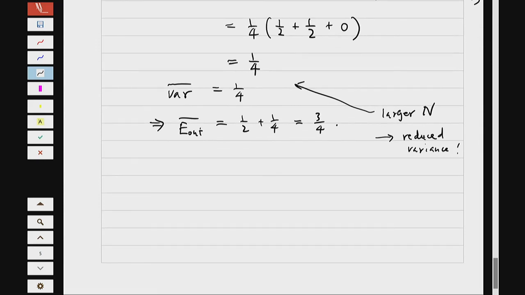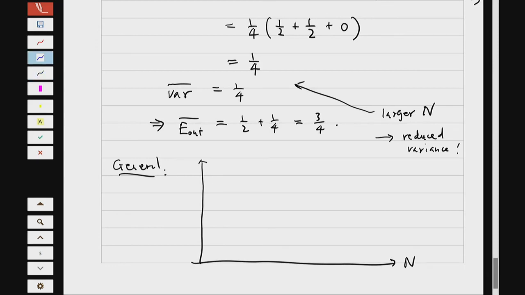So in general, it turns out this is true. Do I have space for this? Yeah, I'm going to put it here. In general, beyond this example, we can plot figures like this. I'm going to draw the bias here. Draw it higher, because I'm going to have to draw something lower. Leave some space for the place that's lower. So suppose this is the bias as n increases.